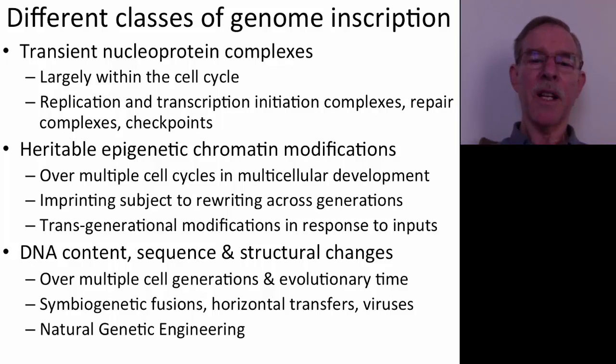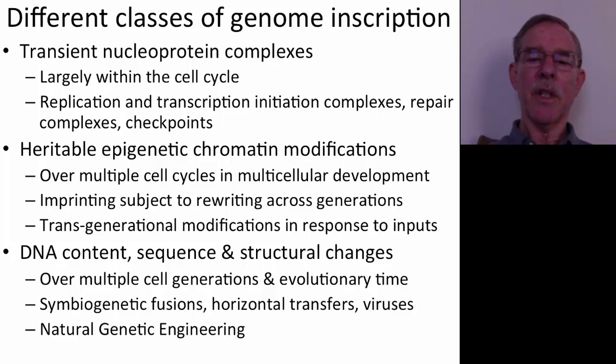Over multiple cell cycles, we have another form of genome inscription, which we call epigenetic inscription, and we now know that it is involved with chromatin modifications. Epigenetic modifications are inherited during cell divisions. They are stable over multiple cell cycles. They play an important role in multicellular development.